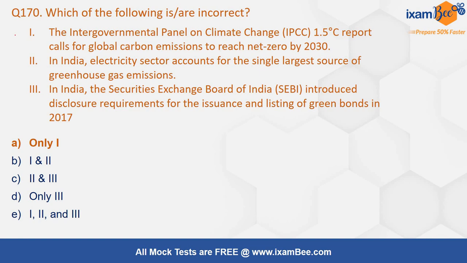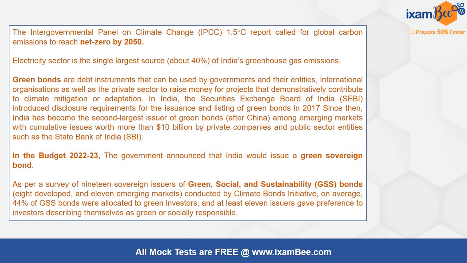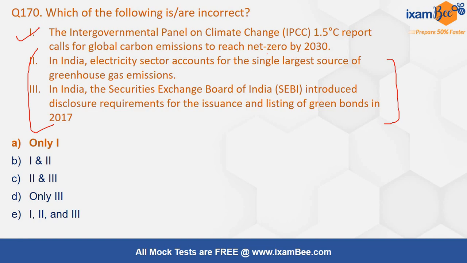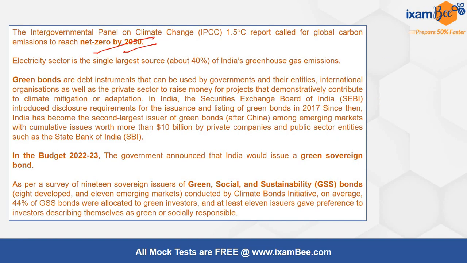Only the first one is incorrect and these two are correct, because net zero is targeted by the year 2050. The electricity sector is the single largest source, 40% of the greenhouse gas emissions.